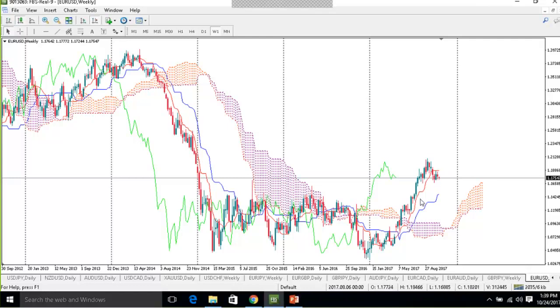Next thing, this aligns the turning line and the baseline. If the red line goes above the blue line, this is the so-called golden cross. So the short-term line goes above the long-term line, bullish signal. And here it is kind of important where this intersection of the lines took place.